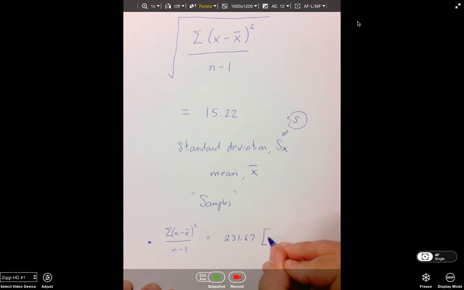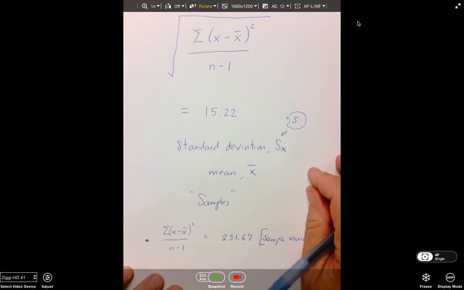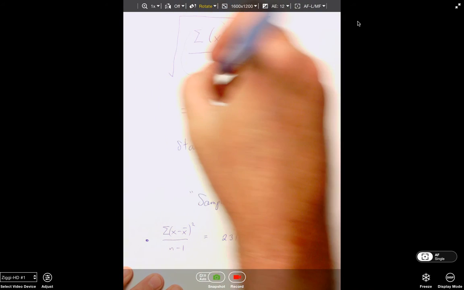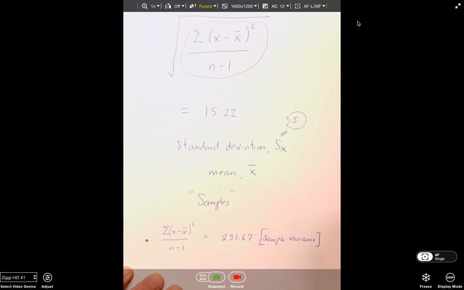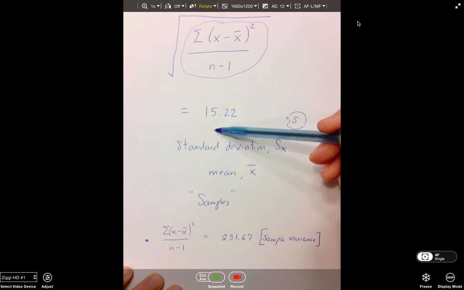Guys, we call this the sample variance. So the number underneath the square root, this part right here, we call this the variance. And in our problem, the variance is 231.67. Once we take the square root of that number, we create what's called the sample standard deviation.